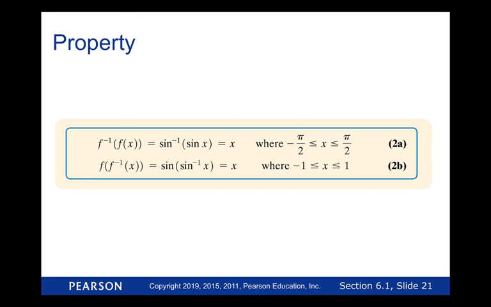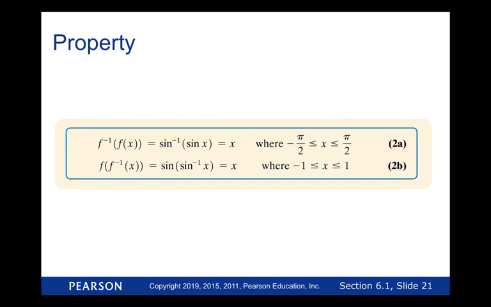Today when we opened the discussion, the domain was restricted from where? Negative 90 to 90. So because sine is on the inside, that one is restricted from negative 90 to 90. If you look at the second one, because inverse sine is on the inside, that one is restricted from negative 1 to 1. So that tells us what kind of answer we should be getting.